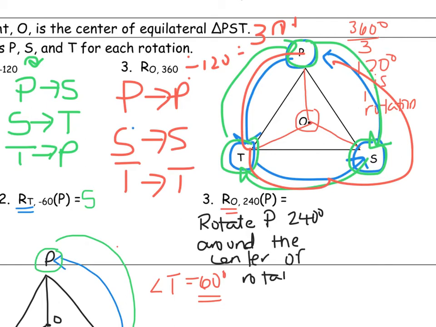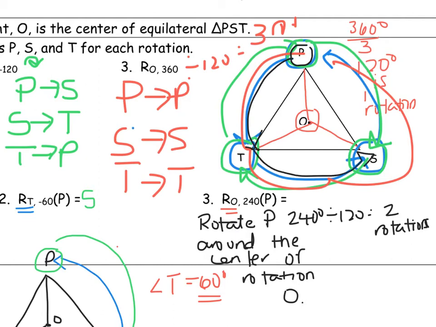Since 240 divided by 120 is 2, that means 2 rotations. And again, we're going counterclockwise. So point P, which is right here, 1 rotation ends up at T, 2 rotations ends up at S. So our new image point, point P, maps to point S.